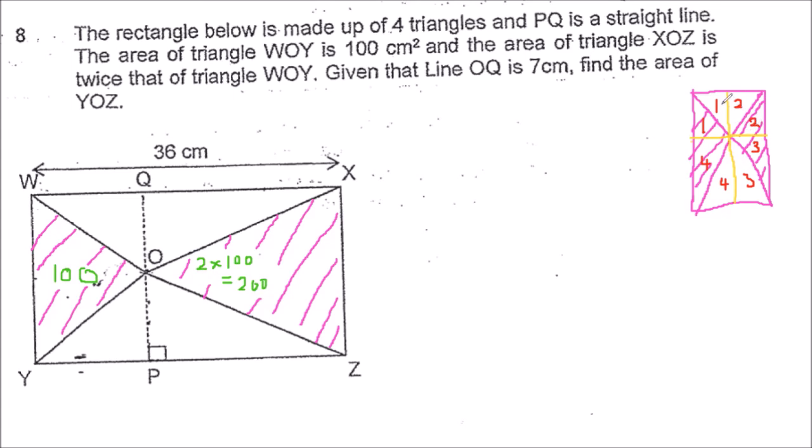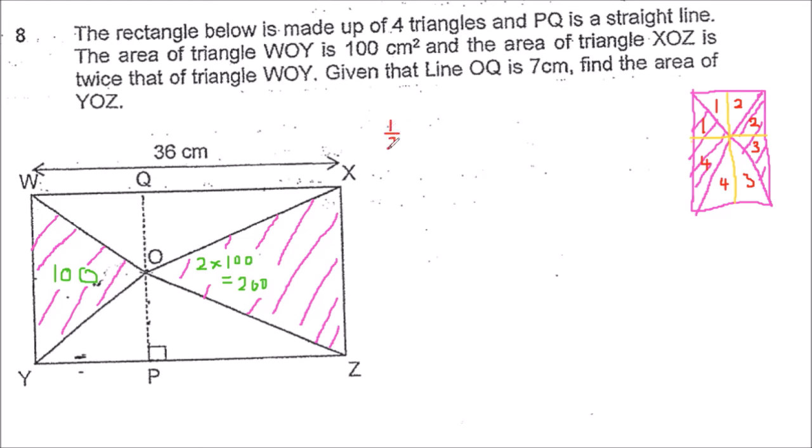And same thing, can you see the unshaded triangles here? The base is on the breadth and the tips are touching each other. So these two unshaded triangles also add up to half of the rectangle. Okay, so find the area of YOZ. In this case, we know that half of the rectangle is going to be the two shaded pink triangles.